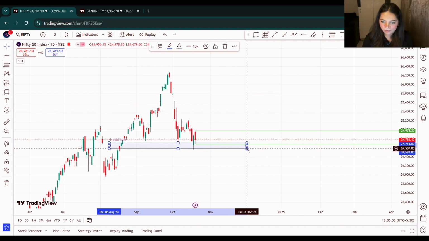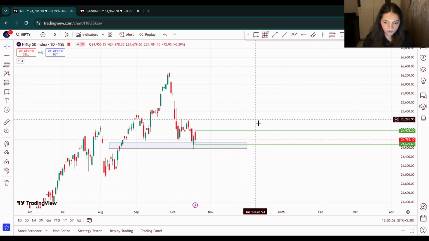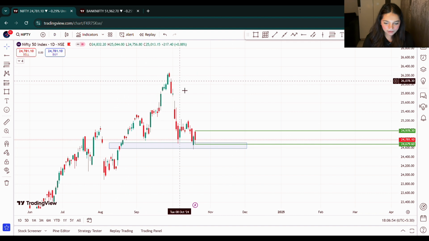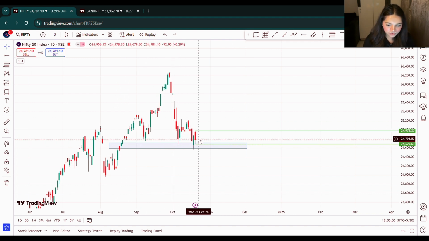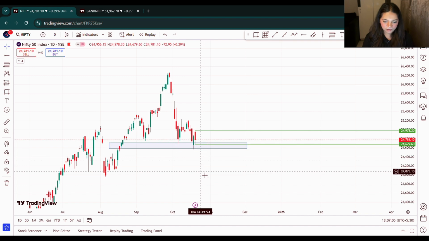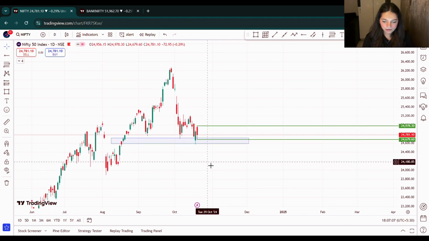One more thing, if you can observe, it is making a head and shoulder. There is a possibility it might wait for a retest here at today's candle and it might come down from there. Again, it's just guessing, guys.